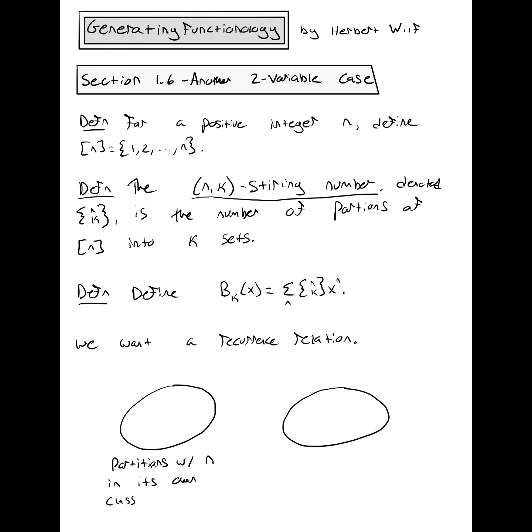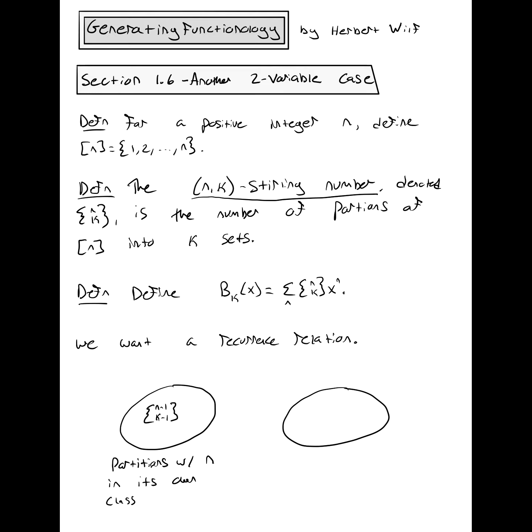Since all the partitions are sitting in front of us, and we're just choosing the partitions that have n in its own class, then really there are only k minus 1 more classes to choose. So the number of partitions in this set is going to be, well, I'm only choosing k minus 1 different classes, and I'm only choosing from n minus 1 different elements. So we're going to have curly bracket n minus 1, k minus 1 over there.